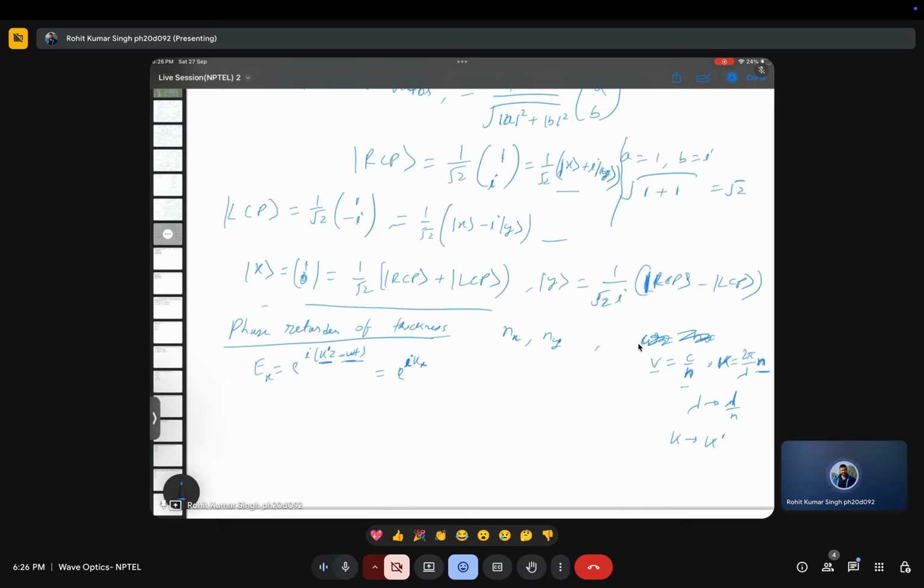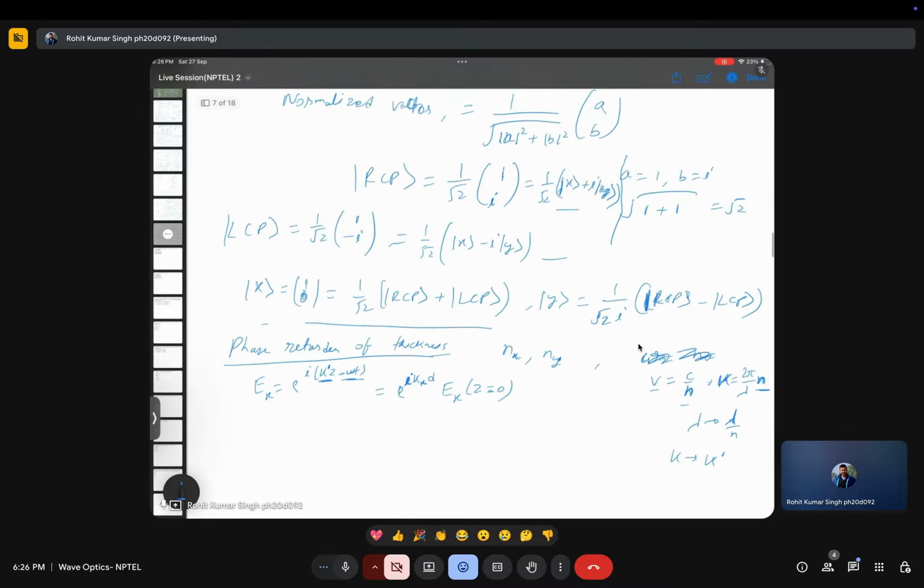So we are writing the x component of the light, d, and then whatever you had in the vacuum. So this kx is basically 2 pi by lambda nx.